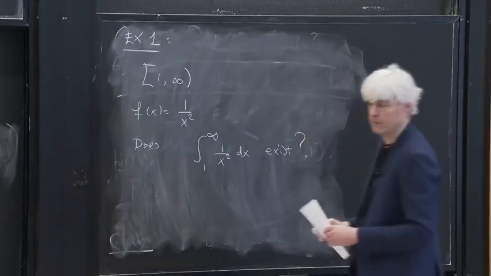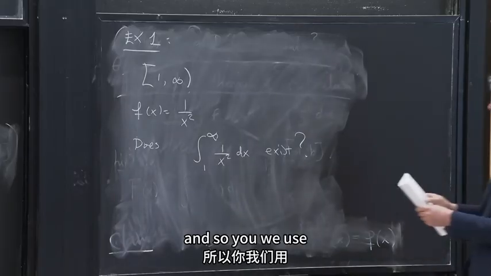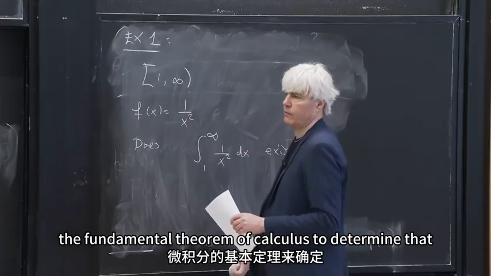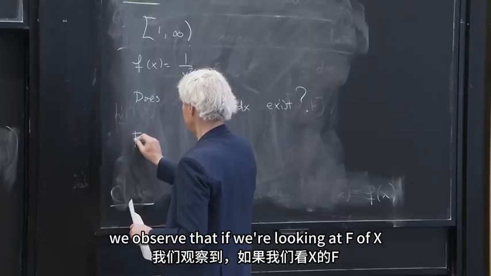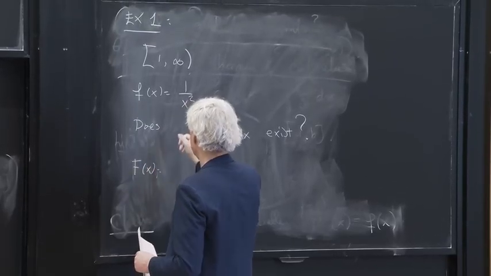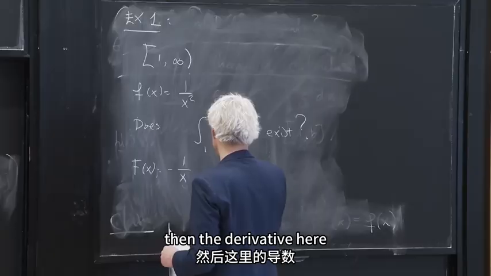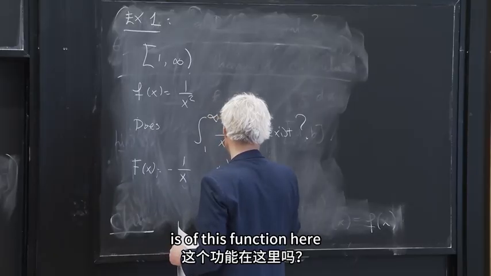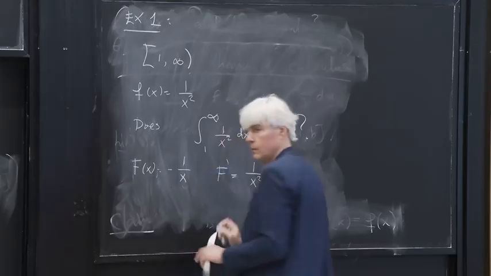That's the question. And so we use the fundamental theorem of calculus to determine that. We observe that if f of x is minus 1 over x, then the derivative of this function is 1 over x squared.